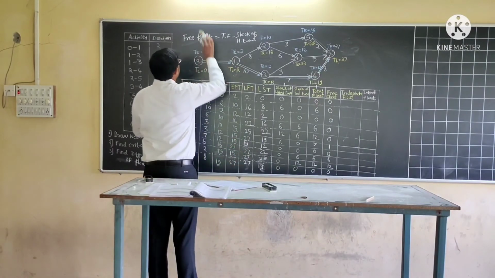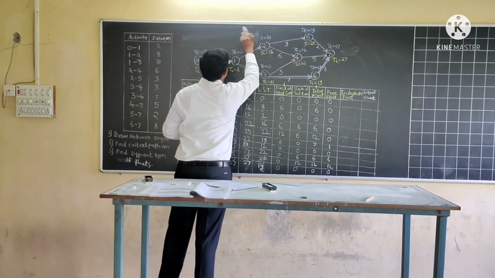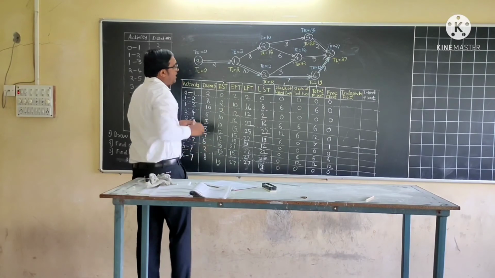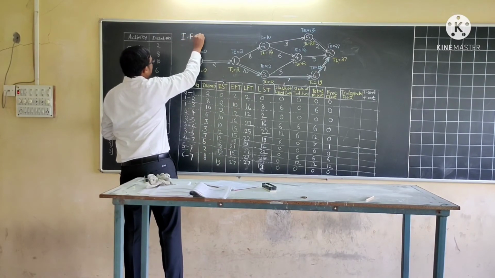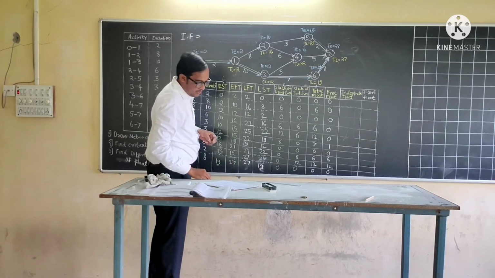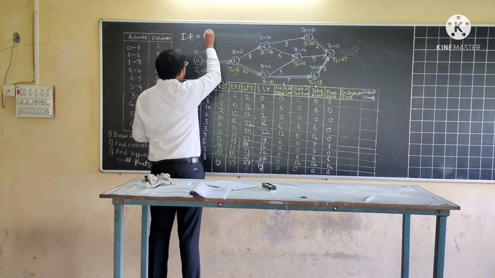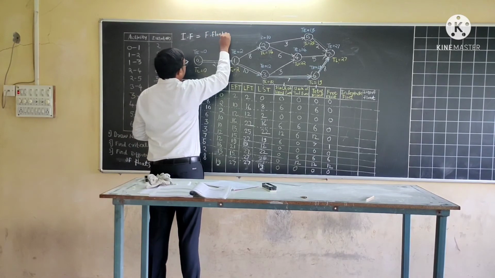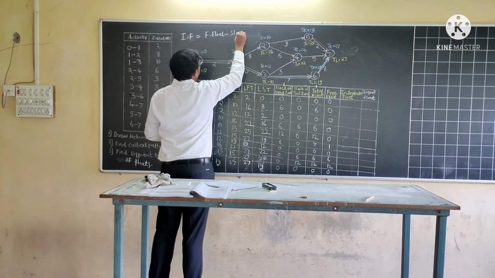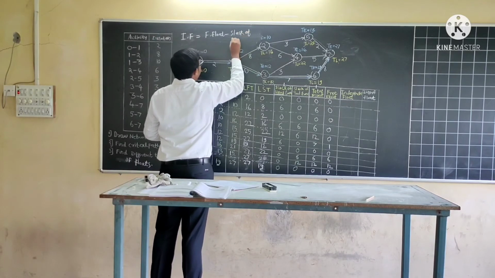Now independent float. So independent float is equal to free float minus slack of tail event.